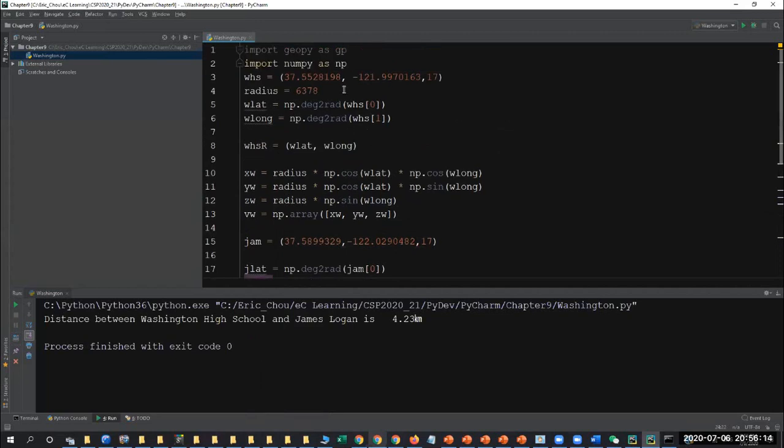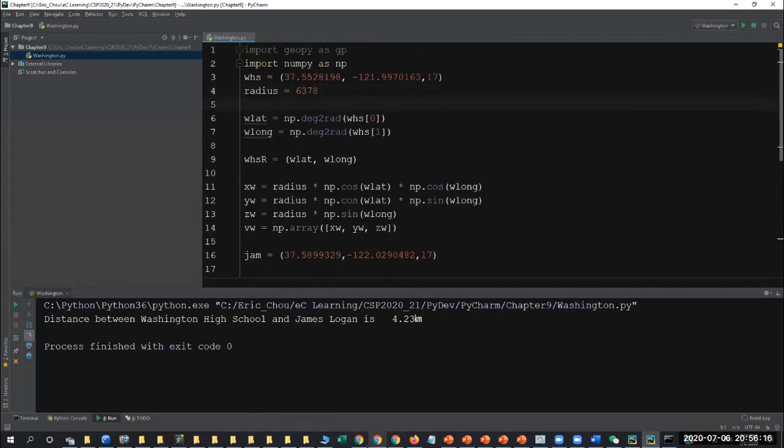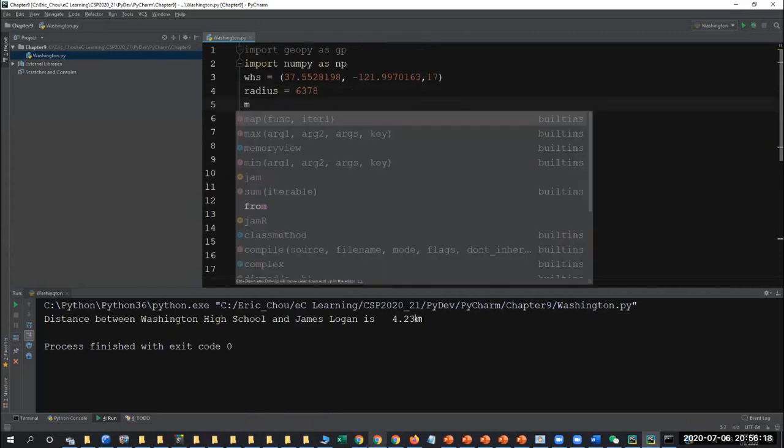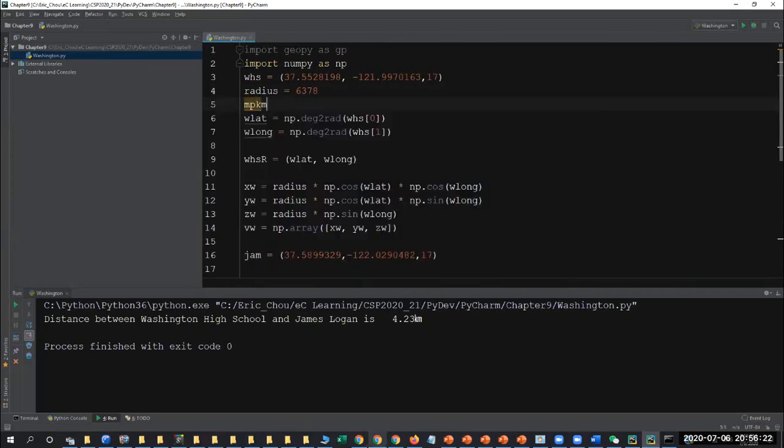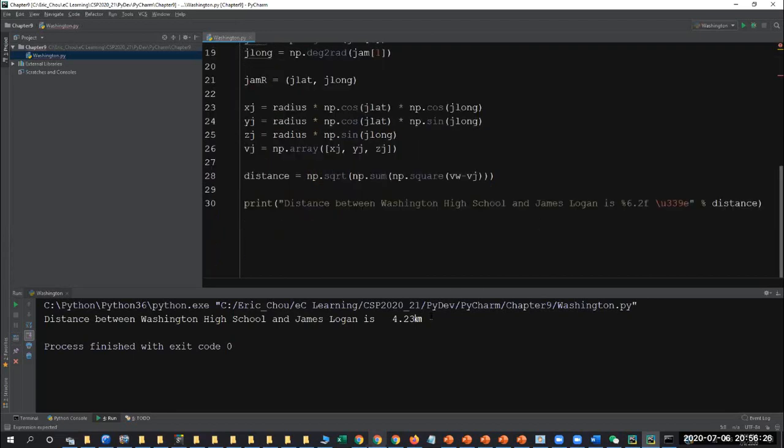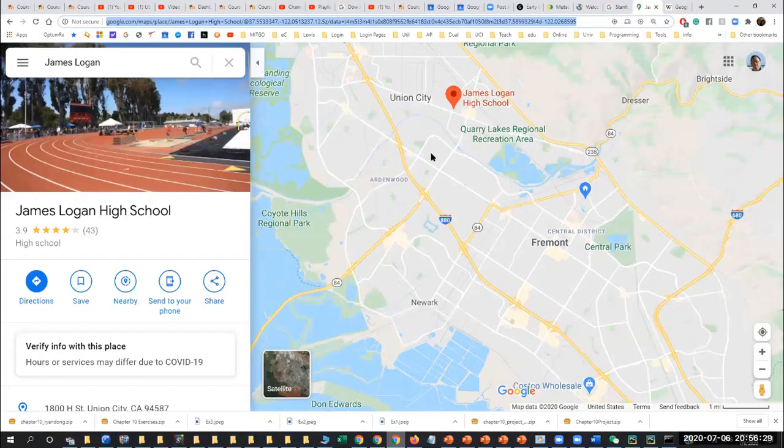So here I also need another one called mile per kilometer. Let's convert it to miles as well.